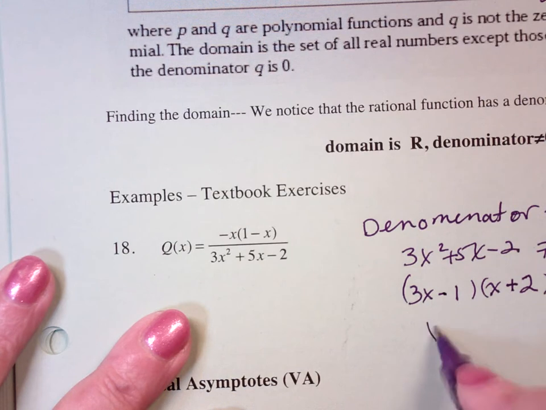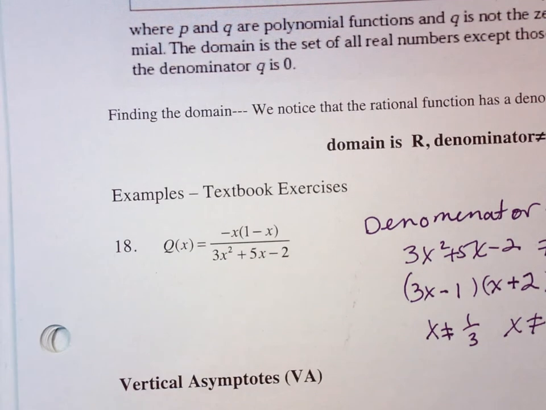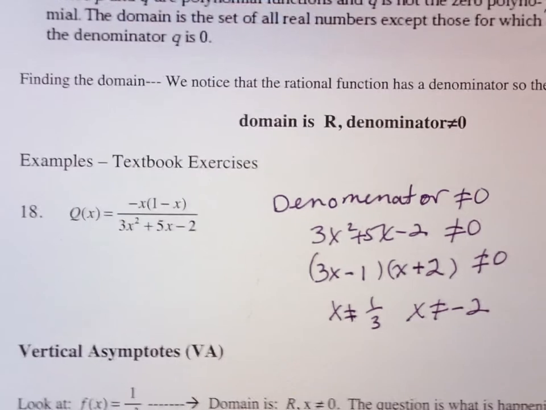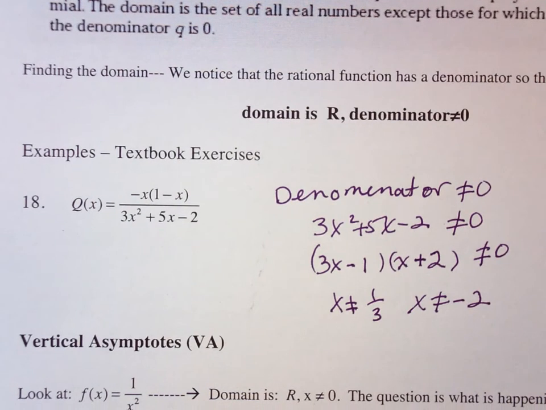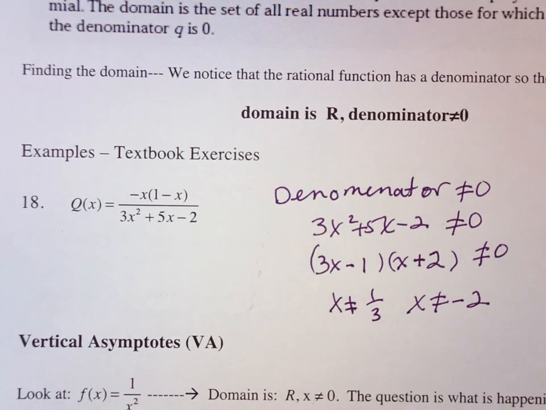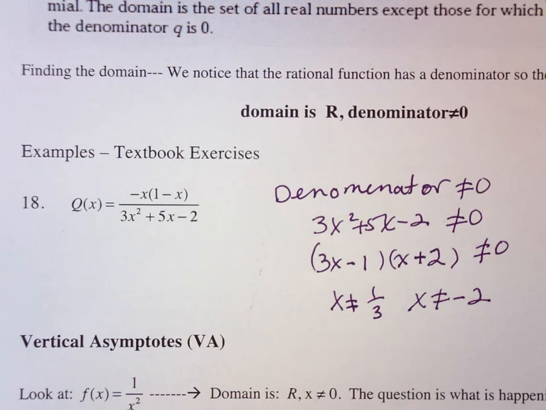So this says that x can't be 1/3, x can't be -2. It can be anything other than those two.